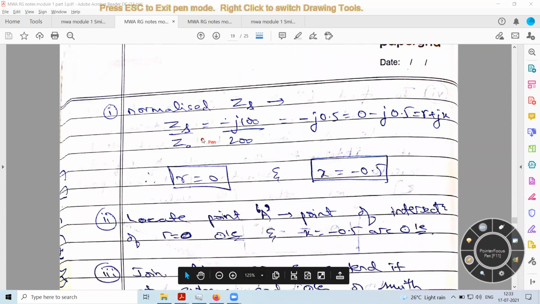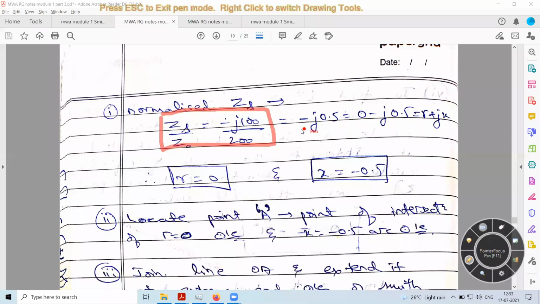When you normalize the input impedance, we obtain the value minus j0.5. Therefore, the resistive component is 0 and the reactive component is minus 0.5. That is what is specified over here.